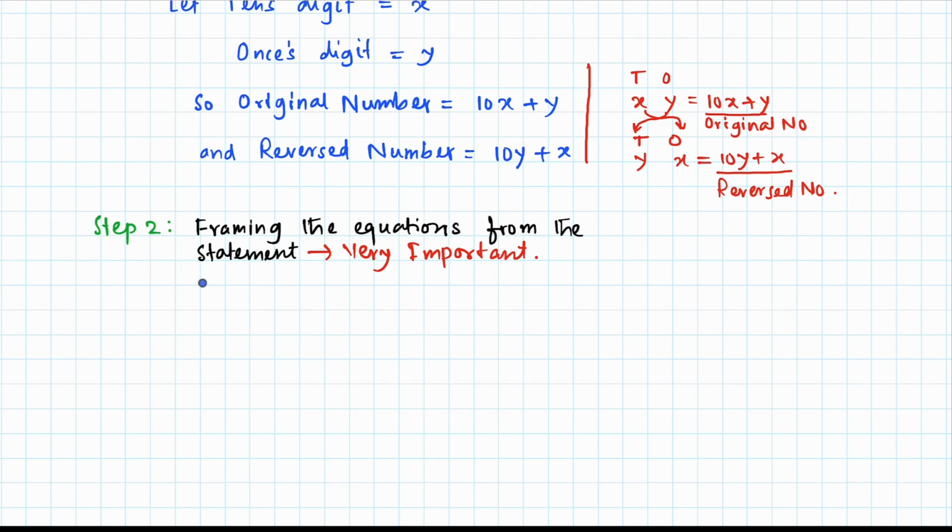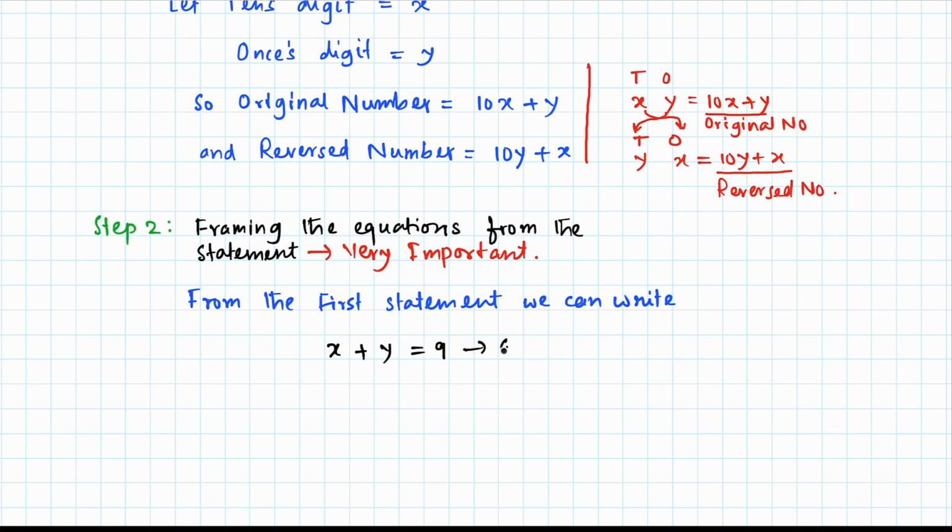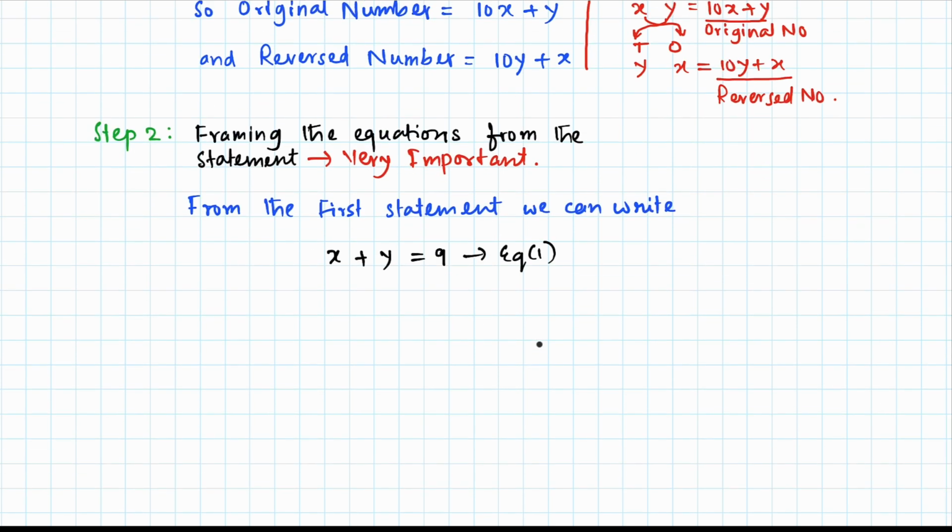It's very clear from this statement. So from the first statement, we can write x plus y equal to 9, because the sum of the digits is 9. So this is equation 1. From statement 1 we have framed equation 1.